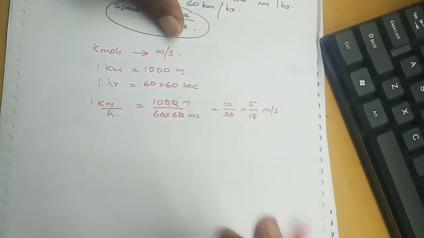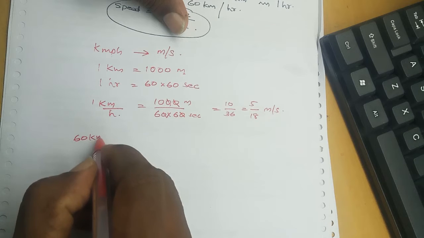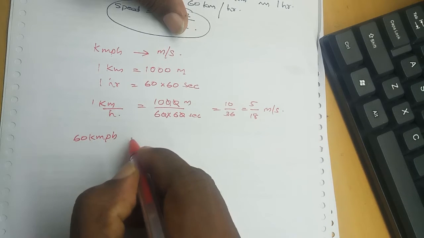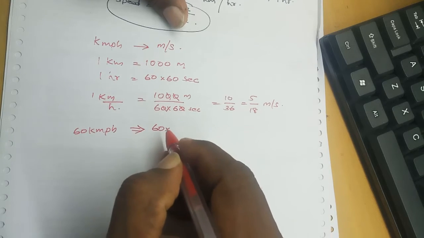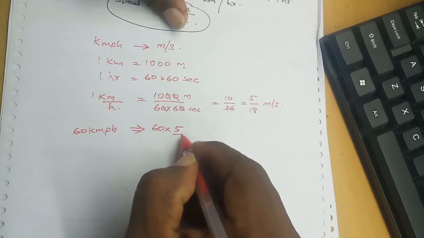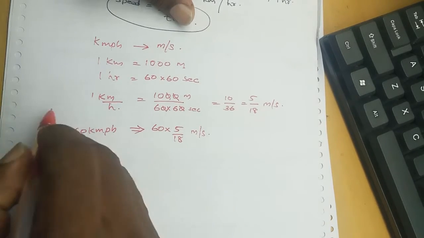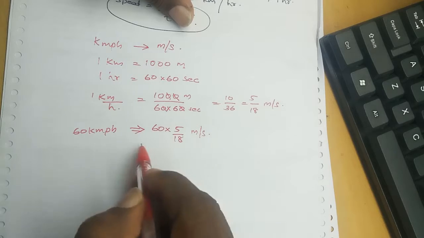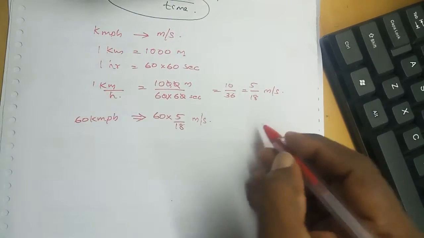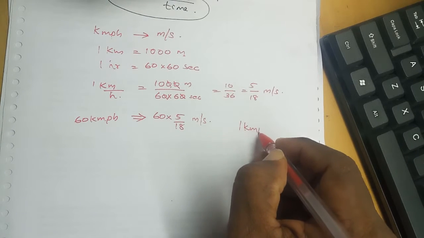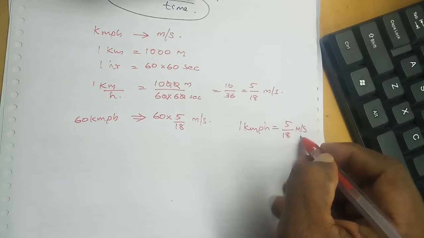So we can convert this 60 kmph, kilometers per hour, is equivalent to 60 into 5 by 18 meter per second. So we have to understand this conversion. Take this formula: 1 kmph is equal to 5 by 18 meter per second.